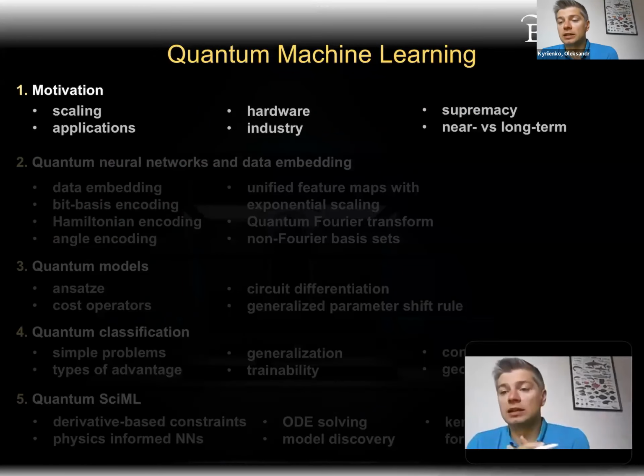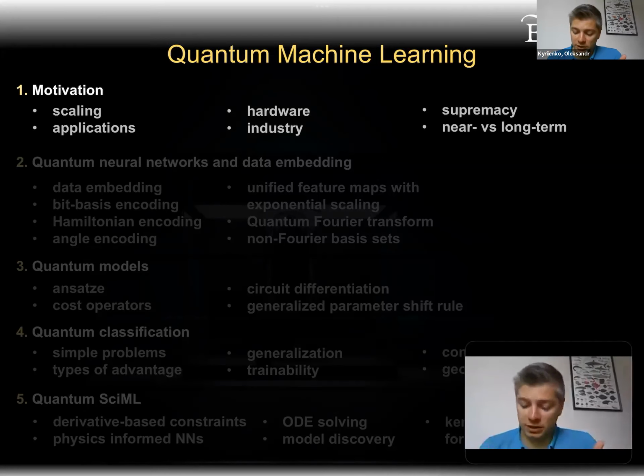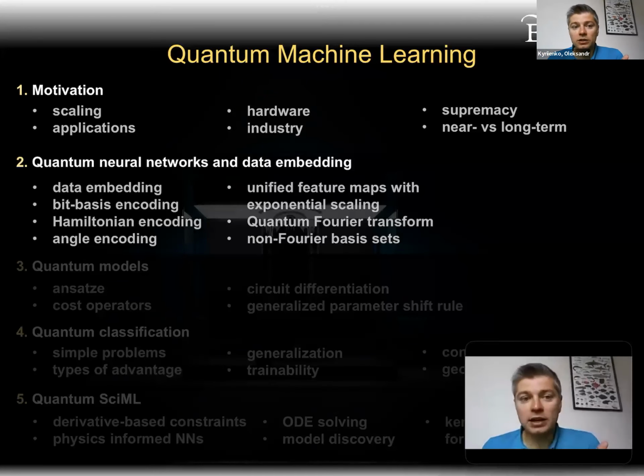In this lecture, I will be discussing quantum machine learning from the perspective of motivation. Why do we want to do quantum machine learning, and in general quantum computing? What are the recent advances that move us towards this direction? Second point is, how do we do quantum machine learning?